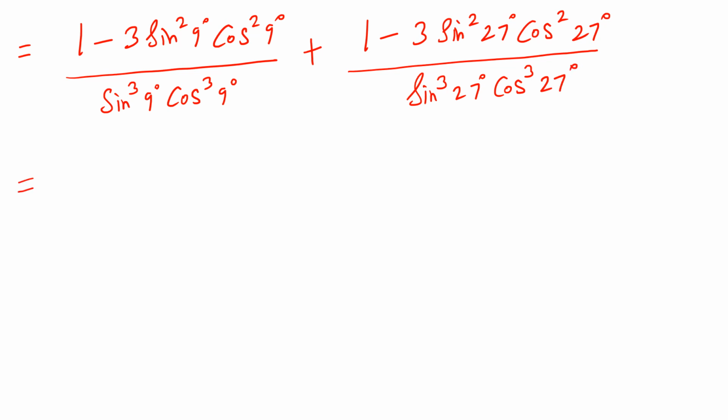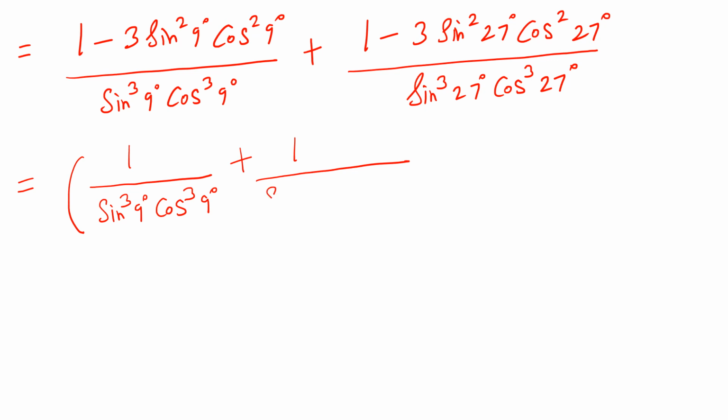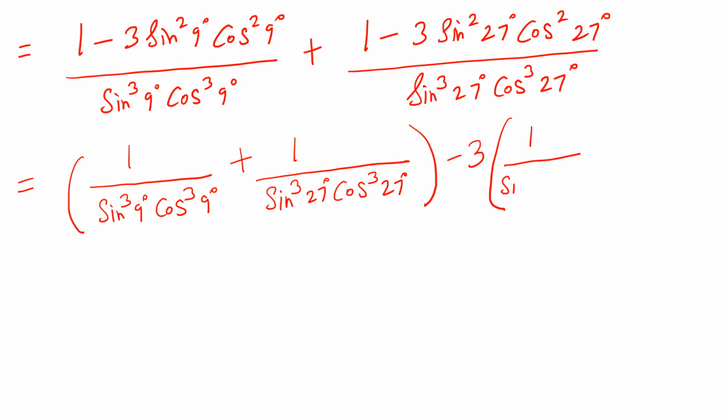Now this further becomes equal to 1 upon sine cube 9 degree into cos cube 9 degree, plus 1 upon sine cube 27 degree into cos cube 27 degree, minus 3 into, inside the bracket, 1 upon sine 9 degree into cos 9 degree plus 1 upon sine 27 degree into cos 27 degree, bracket close.